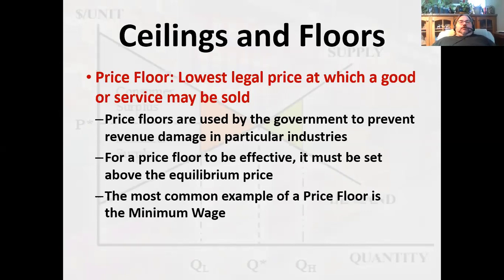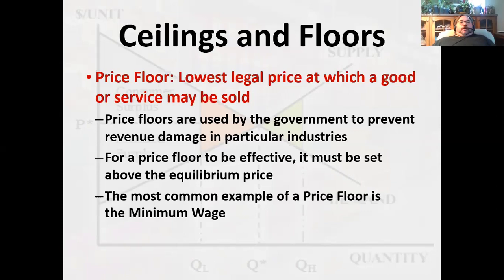Maybe some companies will look to Canada. They'll buy their corn from Canadian corn suppliers because they can get it cheaper, even with the tariffs, than they can at the price floor. Whatever the reason, demand is less than quantity supplied when the price is set above the equilibrium point.